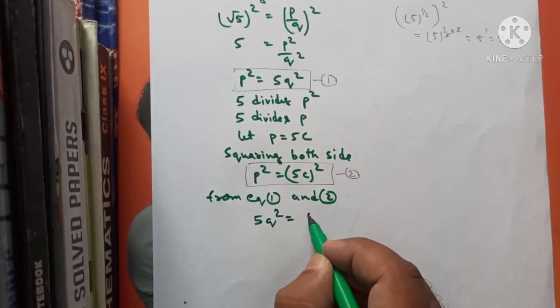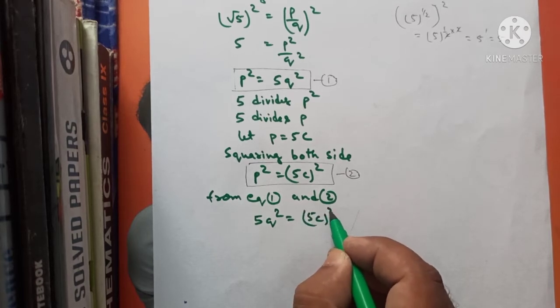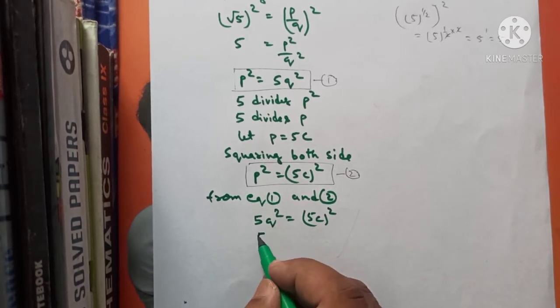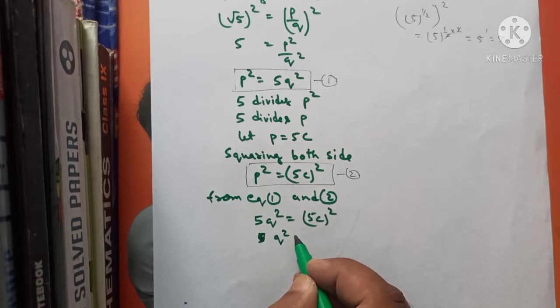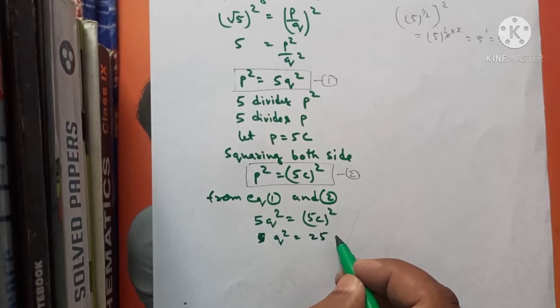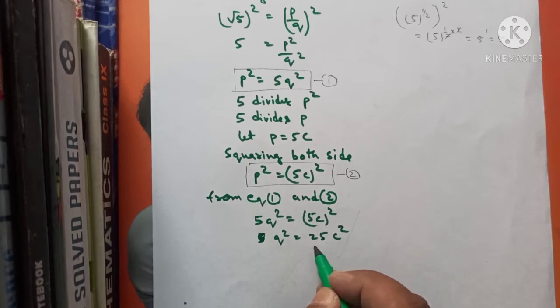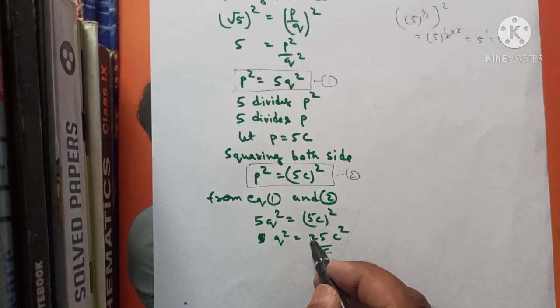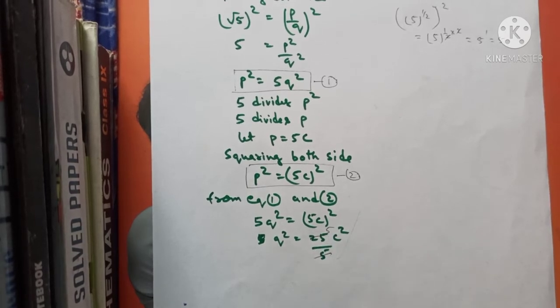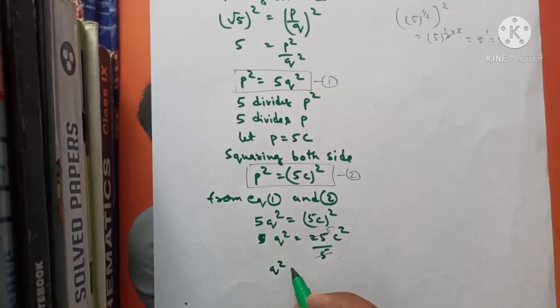5q square will be equal to 5c whole square, that is 5q square, q square is equal to 25c square upon 5. So we can simplify it. 5 5s are 25, that means q square is equal to 5c square.